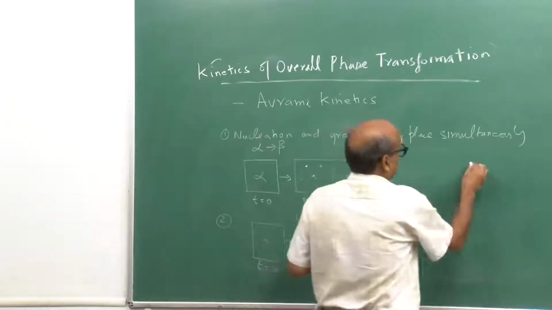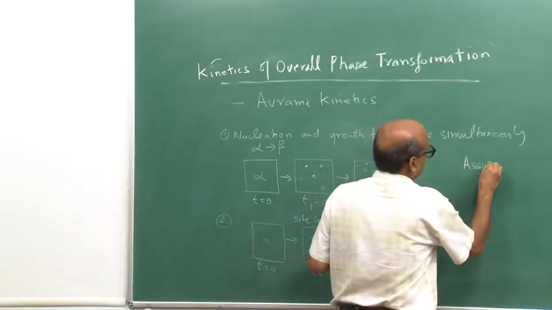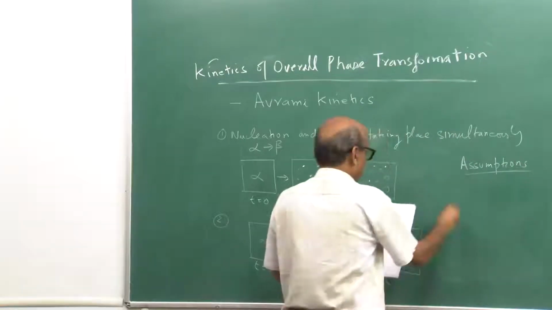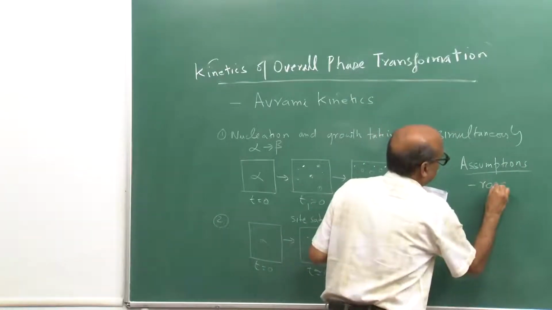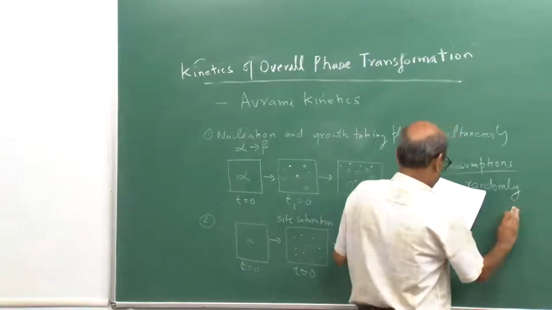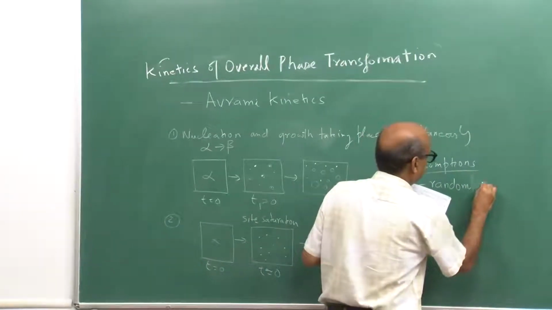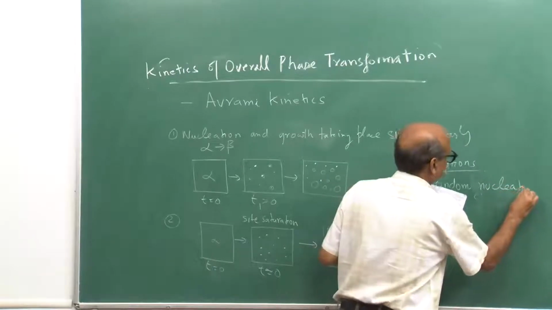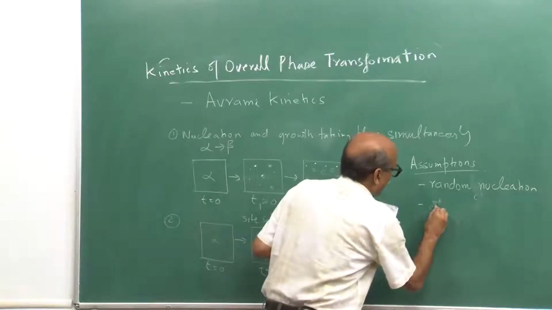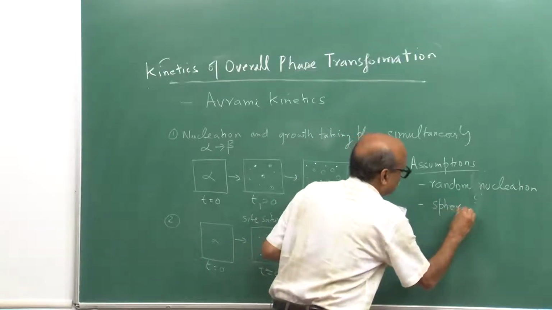There are some assumptions involved in this Avrami analysis. The key assumption is nucleation takes place randomly. So, random nucleation, the nuclei that are formed are spherical.